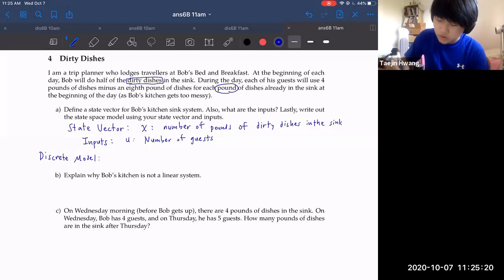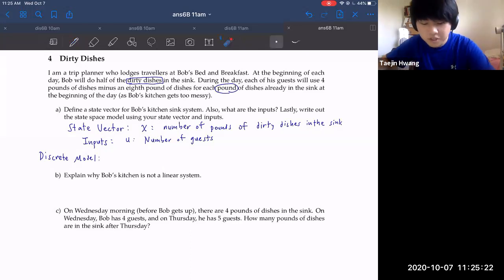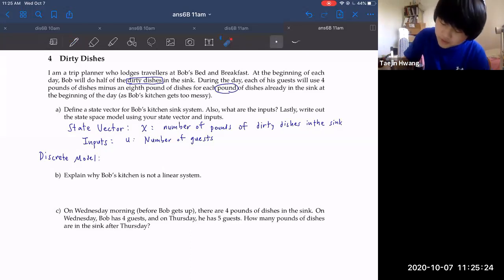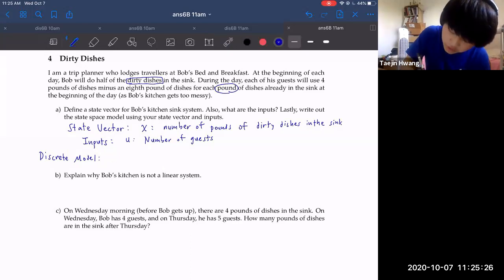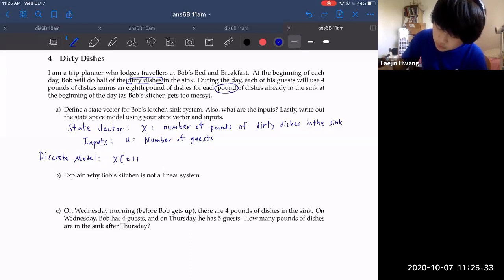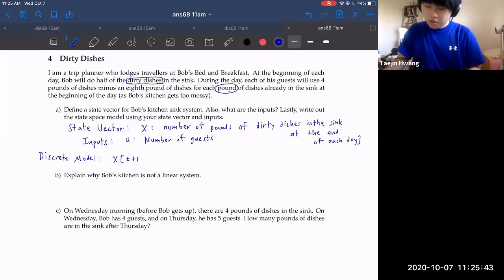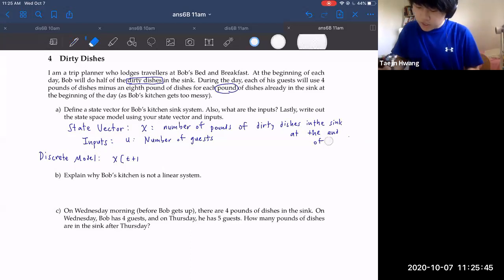So at this point, it's basically a word problem where you can think about the dishes in the sink. Really, we want to define our state variable to be the number of dishes in the sink at the end of each day, or sorry, at the beginning of each day.